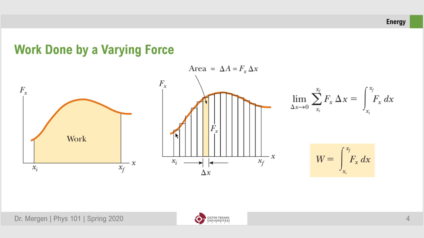Simply, we are going to integrate the force over the interval of the displacement. So the area under the force-distance curve will be equal to the work done by that force. And mathematically, we know that we can calculate that work done using this definite integral.